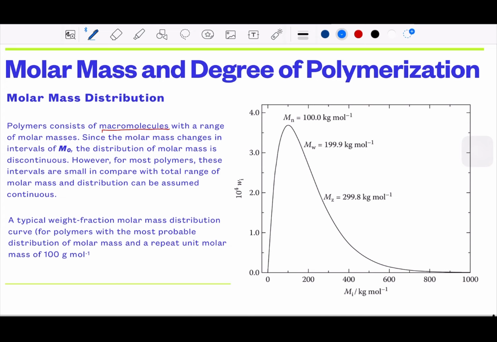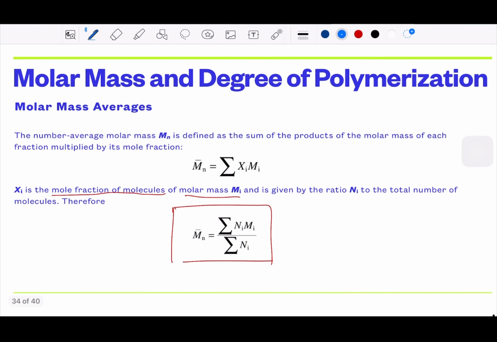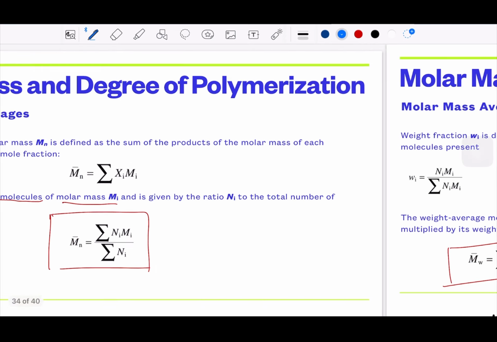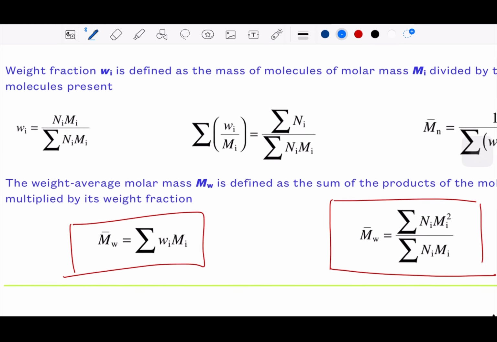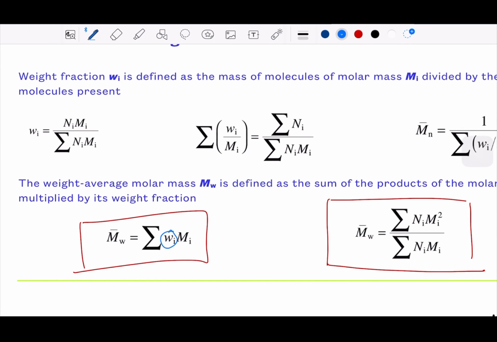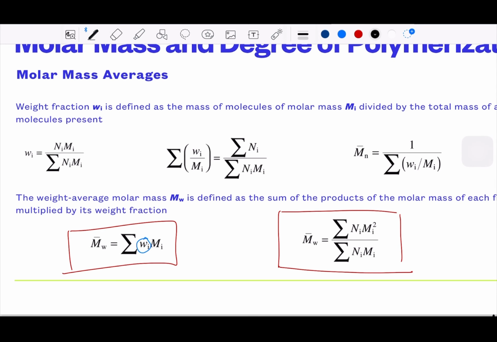Okay, so yeah, this is the fractions. Okay, so we can write this. If you want, you can write the mass.